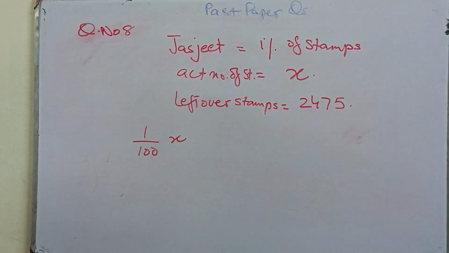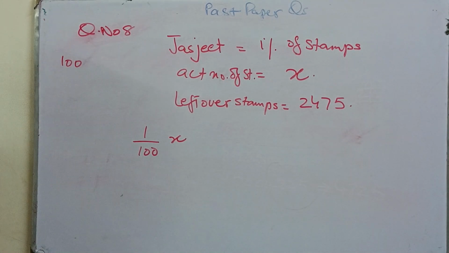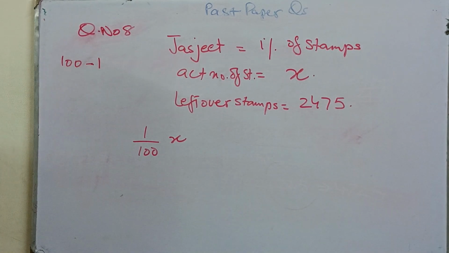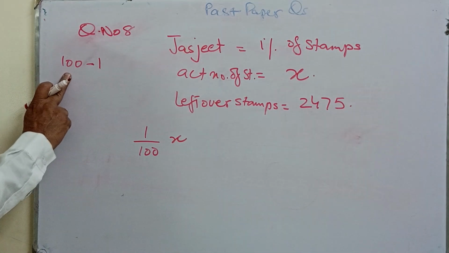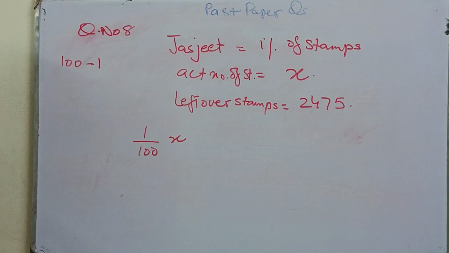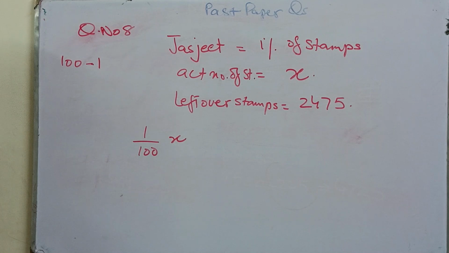Now we have to apply the reverse percentage. Now what is the reverse percentage? That means there were 100 stamps, and if I gave 1%, that means I gave her one stamp only. I had 100 stamps, and I gave only one stamp to my sister.